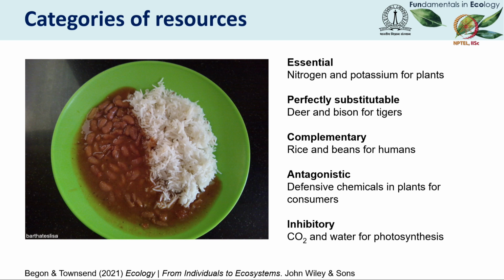So you have, for example, rice and beans. For human beings, beans are rich in lysine, which is an amino acid necessary for us. But beans are very low in sulfur-rich amino acids, whereas rice is rich in sulfur amino acids.